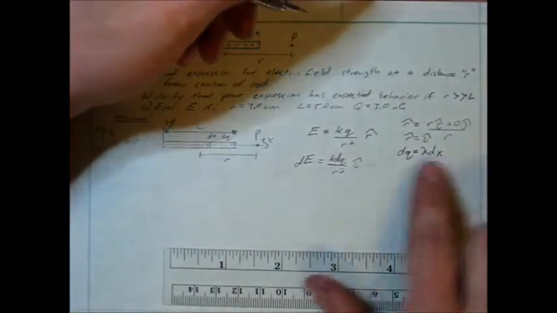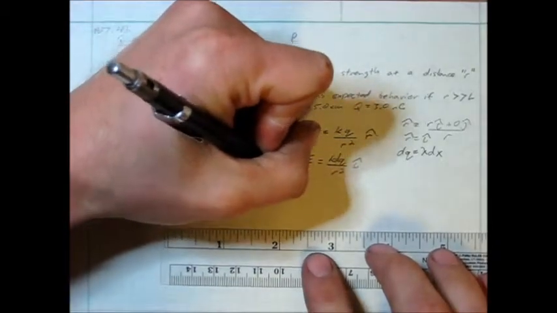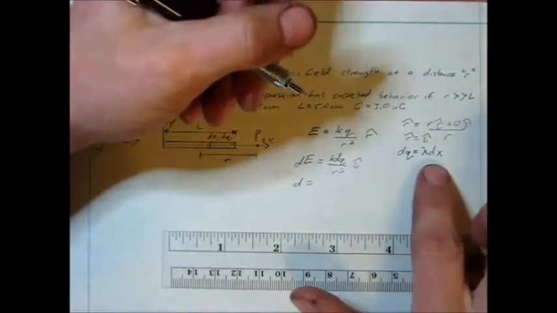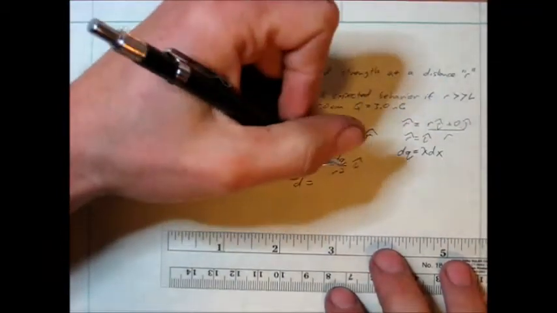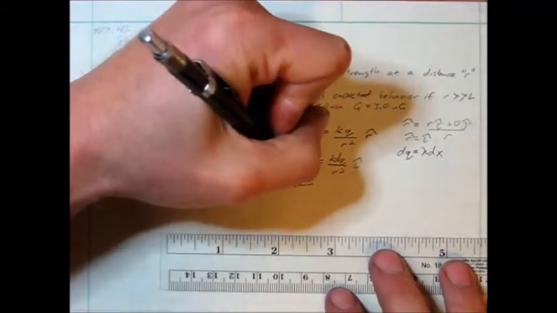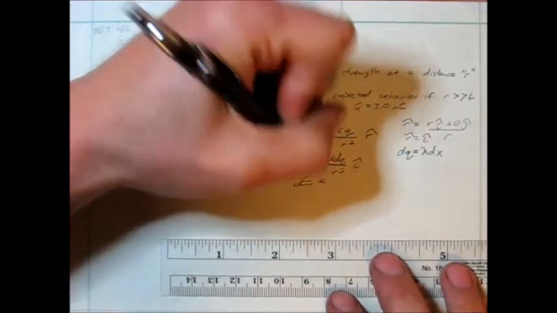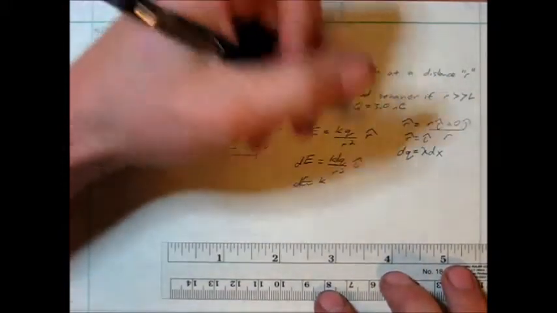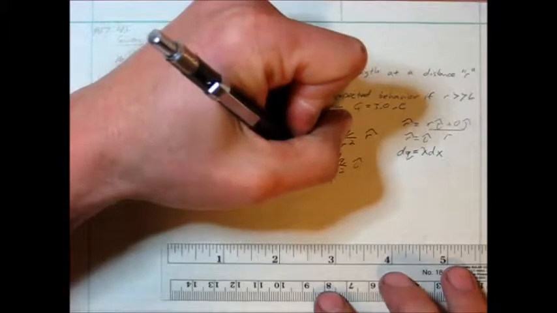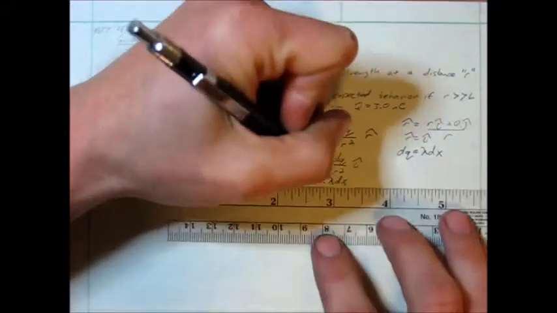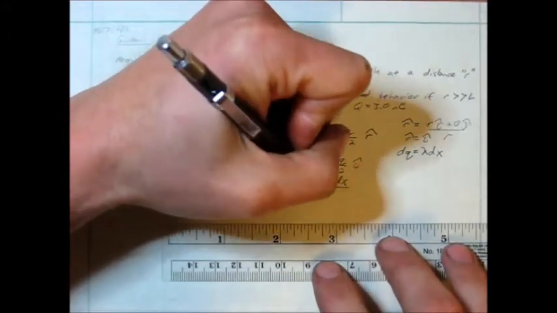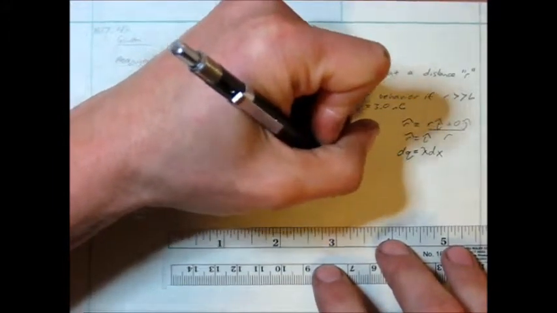Well, let's go ahead and replace dq. We don't know what dq is, but we know we can figure out dx because this is all going to be with respect to x here. dE equals K lambda dx all over R squared I hat.